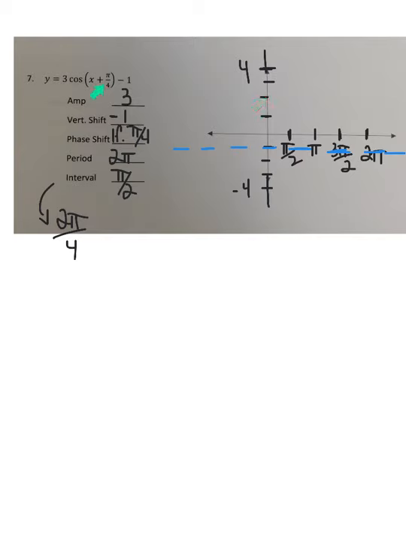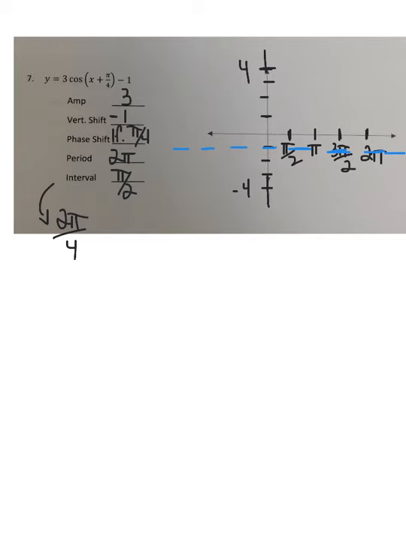Now, here's the thing. We have what we call a phase shift, which is a horizontal shift. So we're going to take, let's say, for example, this point, and we're going to move it to the left pi over 4. Now remember, pi over 4 is 45 degrees, but we're in increments of 90 degrees. So if I want to go 45 in this direction, I'm going to need something here, right, on my x-axis.